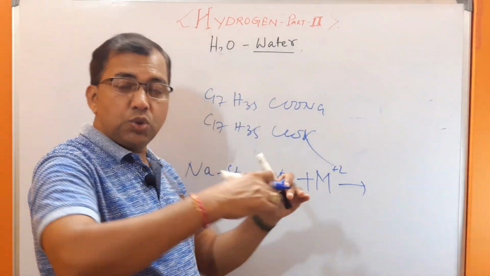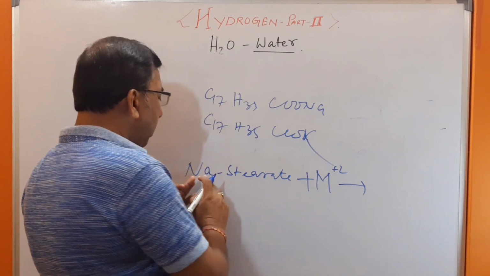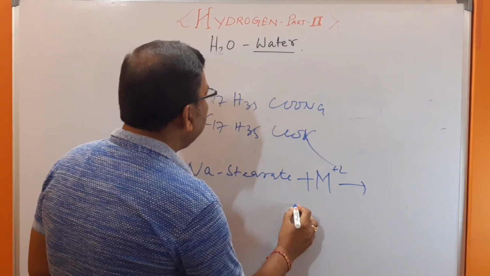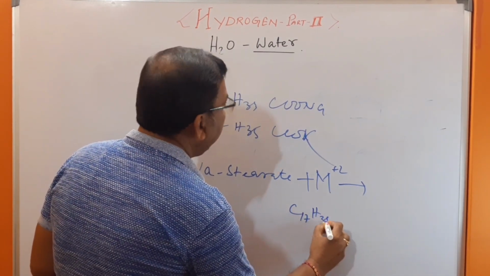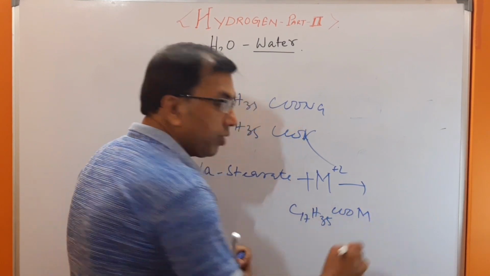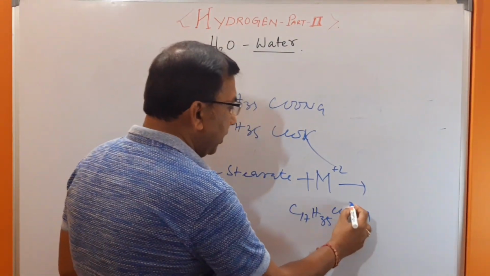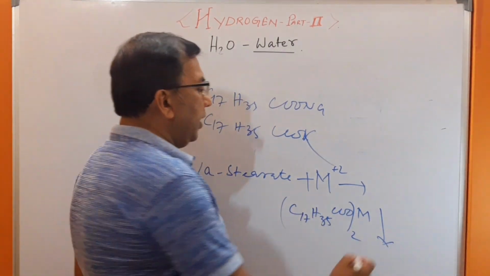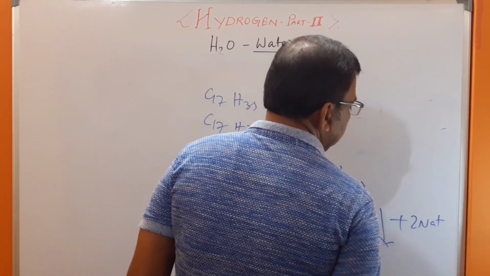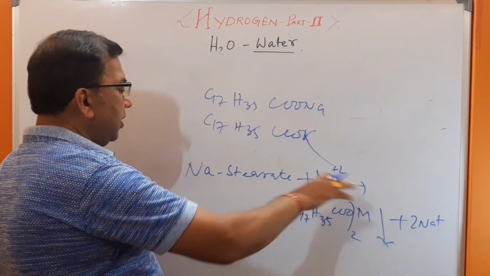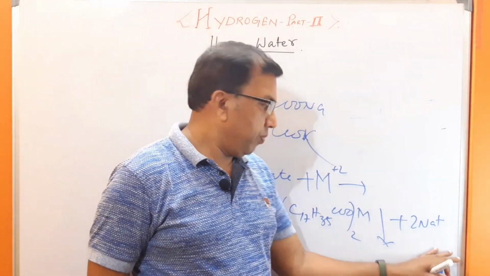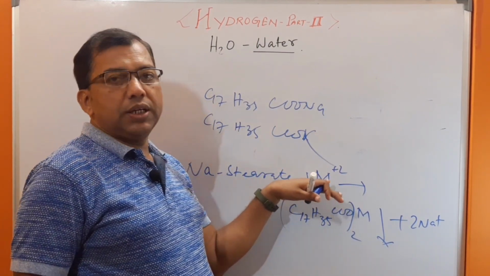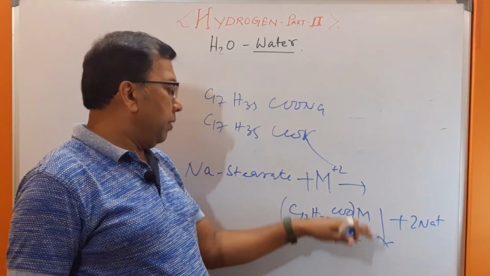The calcium and magnesium will be replaced, and this will be there: (C17H35COO)2M. This salt will be precipitated, and the sodium salt, 2Na plus, will remain, while the metallic salt of magnesium, calcium, iron will deposit and precipitate.